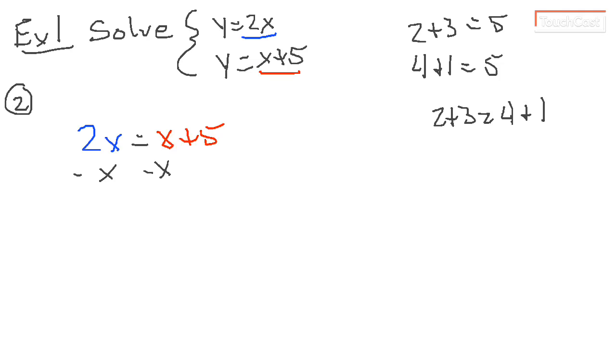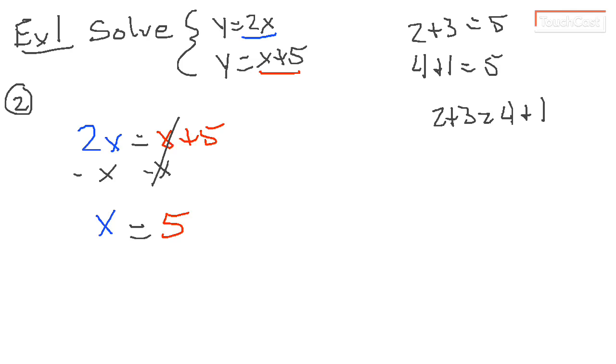Anyway, on the right side, x minus x, that cancels each other out, and we're going to be left with just a 5. And on the left side, 2x minus x, that's equal to a single x. And our goal is to get one x value in this case, which we've done.